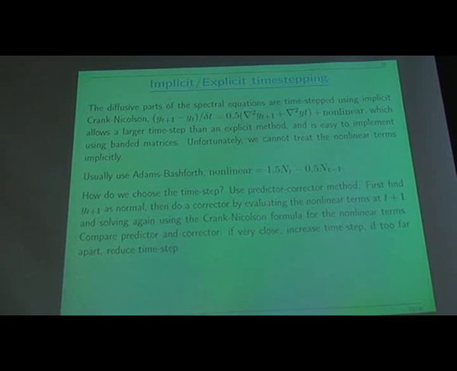If it's too close, if it's really, really close, then you can increase the time step in order to get you through the calculation faster. But if it's too far apart, you've got to reduce the time step at that stage.